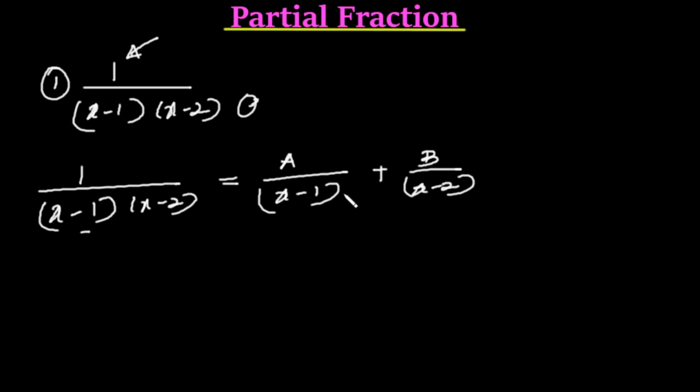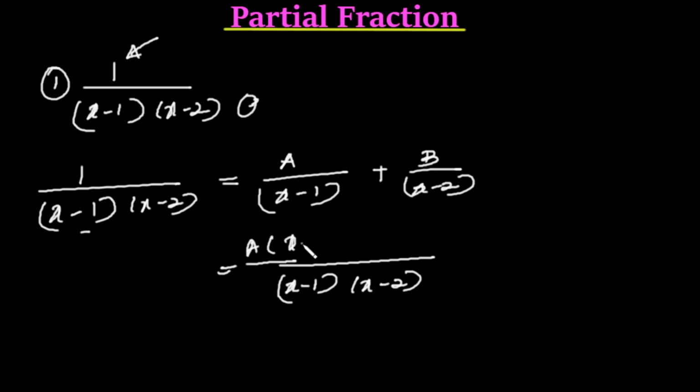Now you can solve this. You can get a common denominator to solve this one. The common denominator is (x minus 1)(x minus 2). Here the first fraction doesn't have x minus 2, so you need to multiply the numerator and denominator by x minus 2.